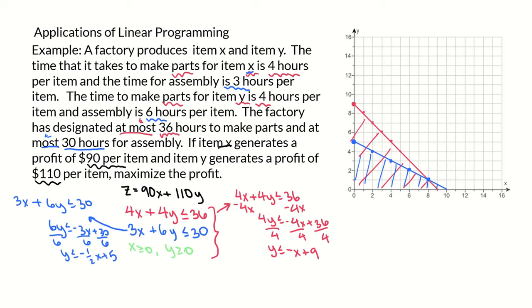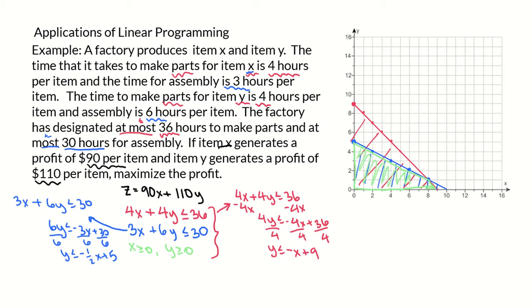So now our last two inequalities just bound our region in the first quadrant. So x is greater than or equal to 0 and y is greater than or equal to 0 means that our region ends up being this one that's shaded in green.